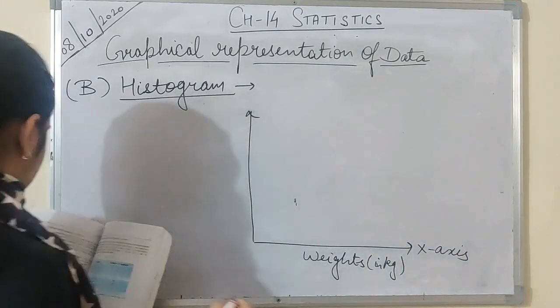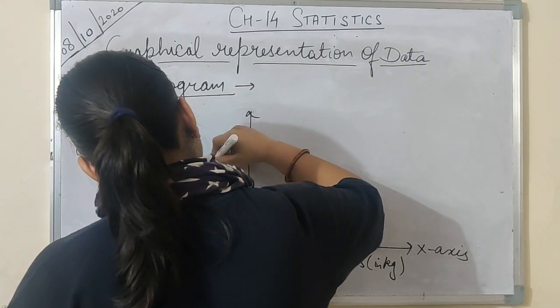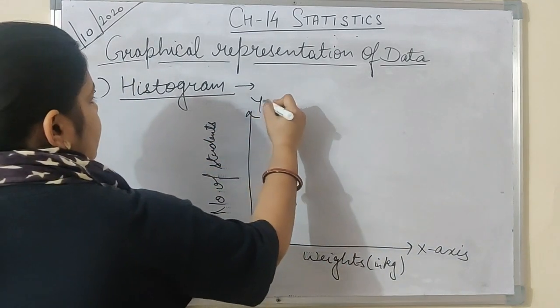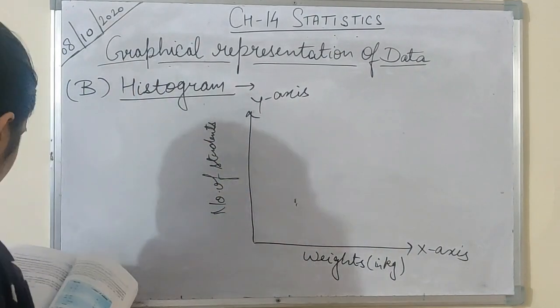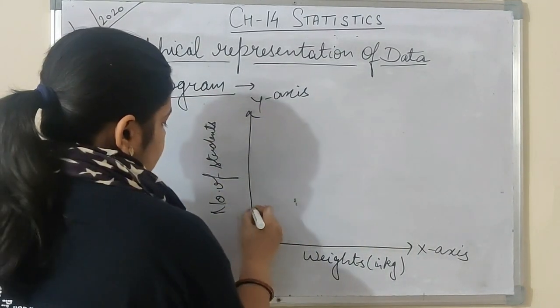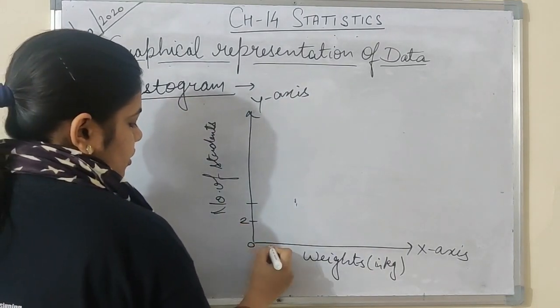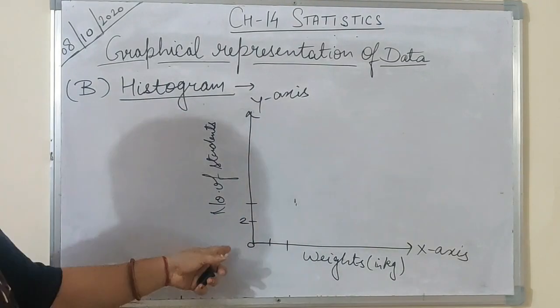And the number of students, that is how many students are there in each group, I will write on the y-axis. Okay, now for the gapping, what equal spacing should I take, and what numbers should I write over here?